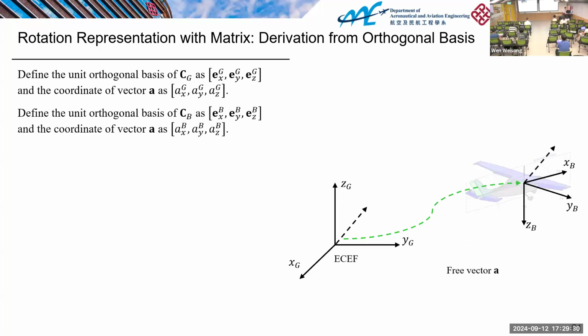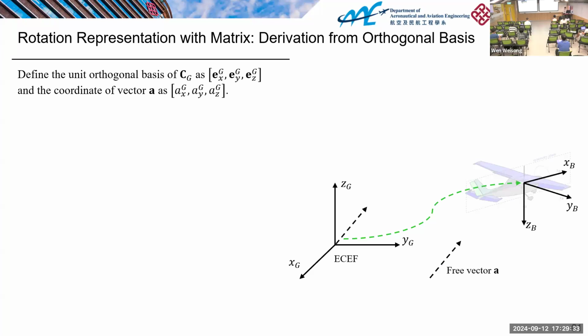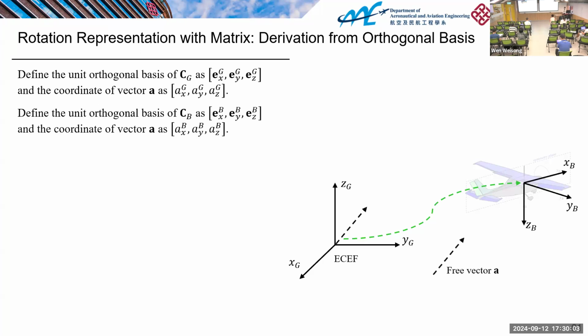The coordinates of this vector with respect to this coordinate system can be represented by axg, ayg, and azg. The subscript g means global frame; ECF is a global frame.